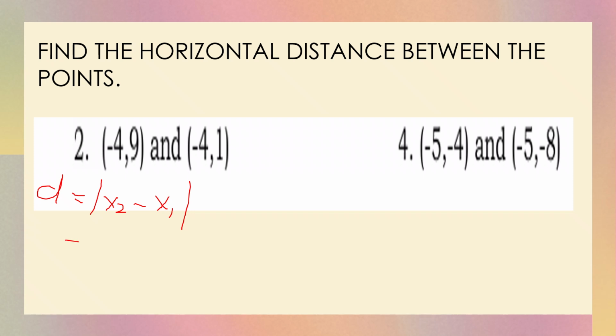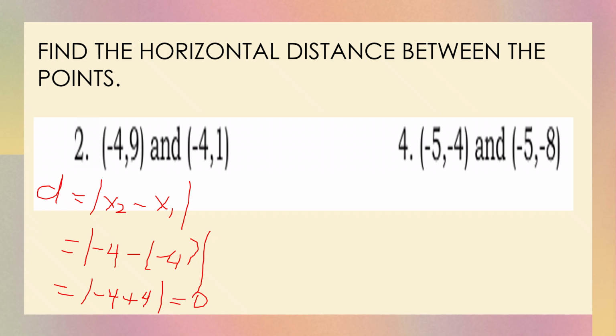So our x2 here is negative 4 minus negative 4. So we got negative 4 plus 4, that equals 0. Okay, next.